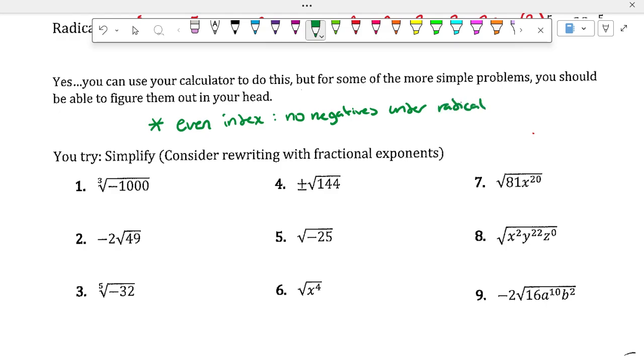What happens if we have a negative under a square root? We talked about this back in Unit 4. It's imaginary. Good. If you have a negative under the radical, remember, it's not a real number, it's imaginary. So you have to take an i out.